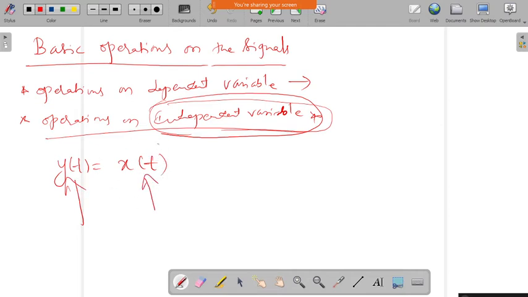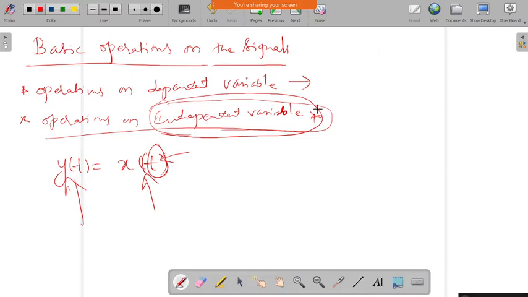Now what are the operations we perform on the independent variable, that is x of t? Where the t is, this is the independent signal. The operations we perform on this time variable are called operations on the independent variable.